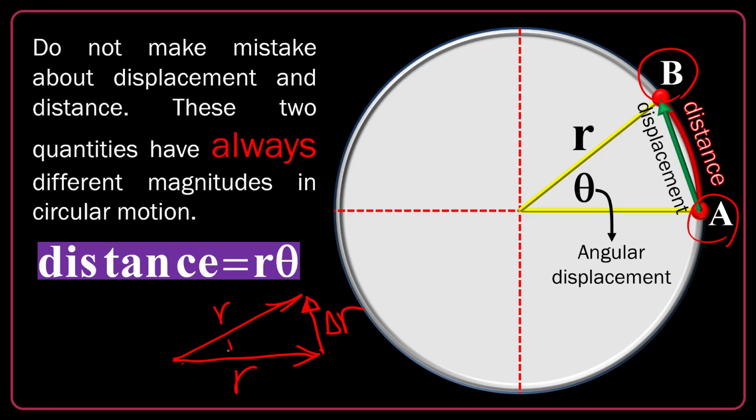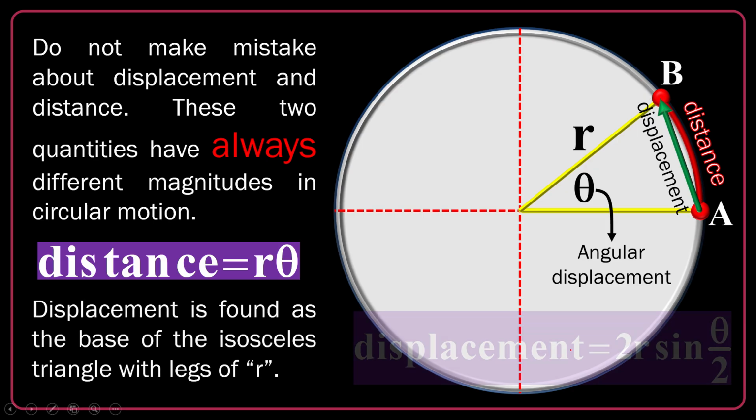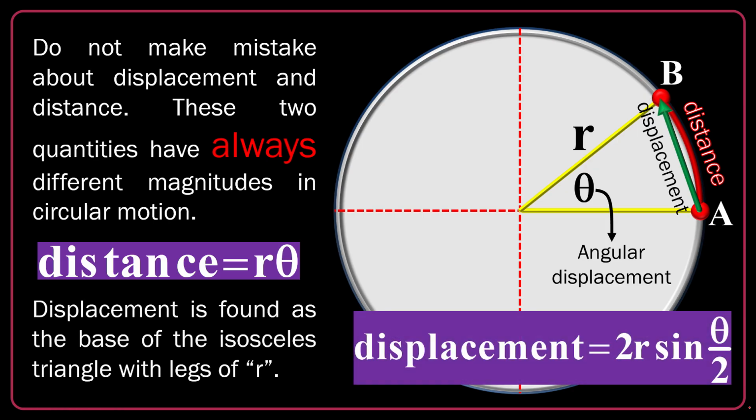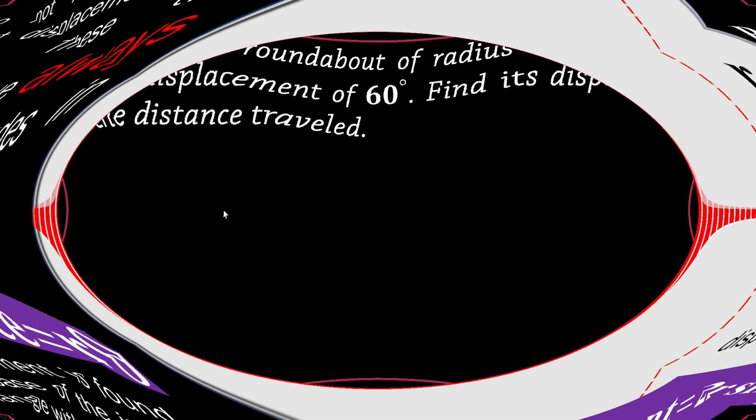How to find that? It's very easy. If the openness is theta here, delta r, according to vector analysis, is going to be 2r sine of theta over 2. So easily I can find the displacement by 2r sine of theta over 2. Displacement is found as the base of the isosceles triangle with legs of r.